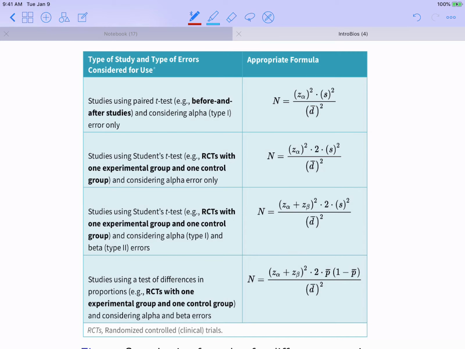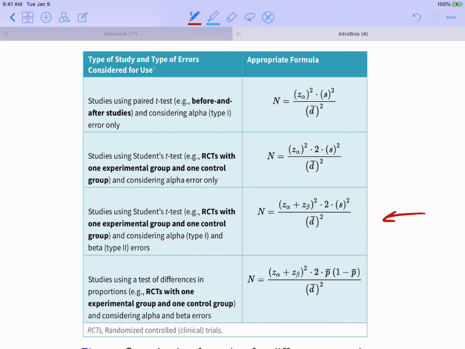So if you're going to use a student's t-test, so that would be where you, for instance, have a trial and you have an experimental group and a control group, and you're looking at a continuous outcome, say systolic blood pressure or diastolic blood pressure, this would be a valid formula to use for your sample size.